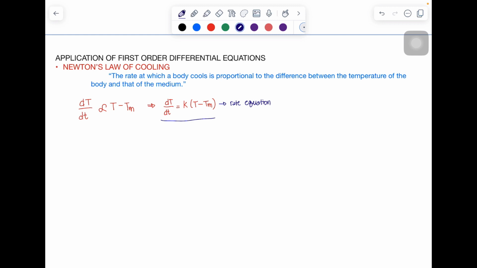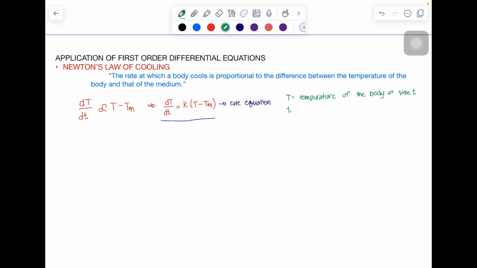Okay. So let's define first. T is basically the temperature of the body at time t.